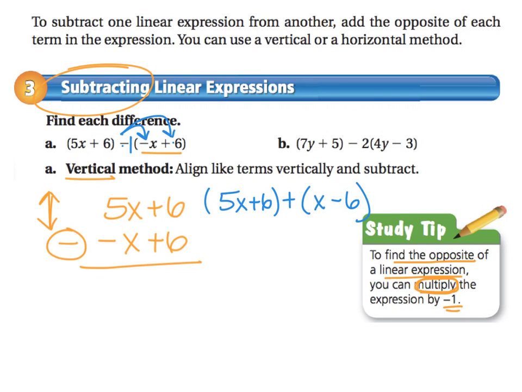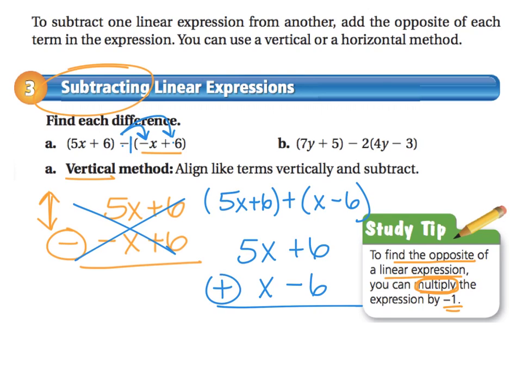So we can change it right back to addition, and we can still do it vertically. 5x plus 6 on top, stack our x's and our 6's. And then when we go ahead and add, it makes it a lot easier. Because we're going to have 5x plus 1x is 6x. And then 6 plus negative 6 cancels.